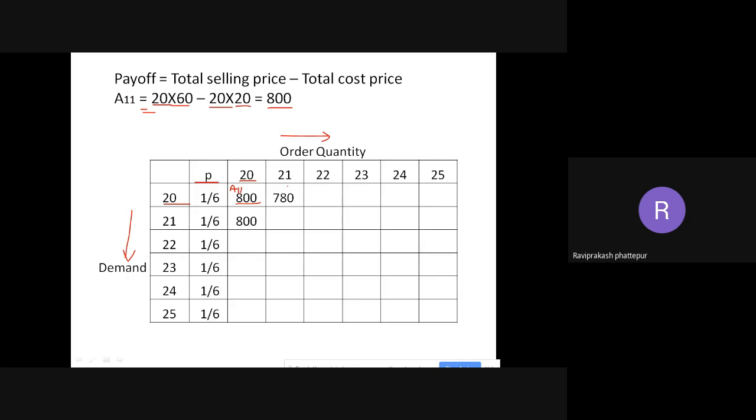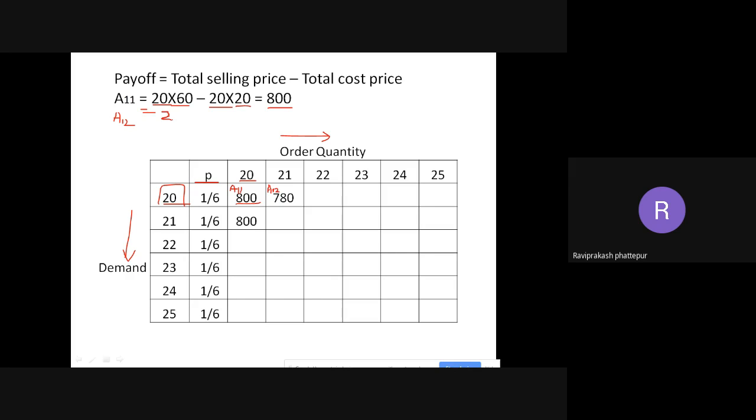Now A12. How to calculate here? I am ordering 21 quantities, but my demand is only 20. So the selling price: the total quantity that I'm selling is 20 only, because I can sell at most as much as the demand.